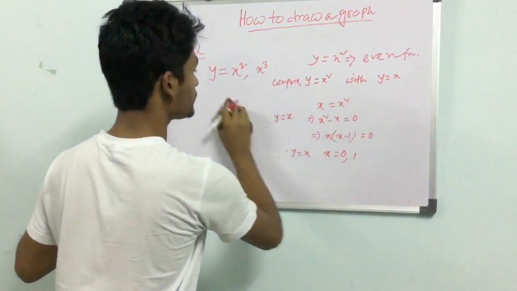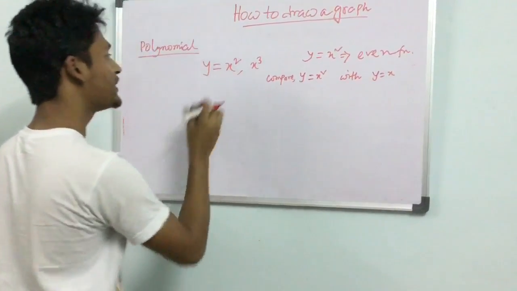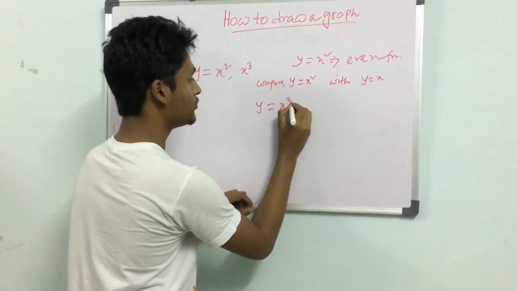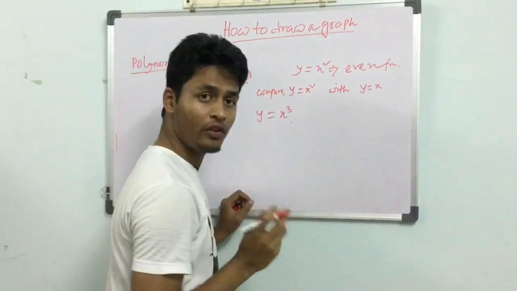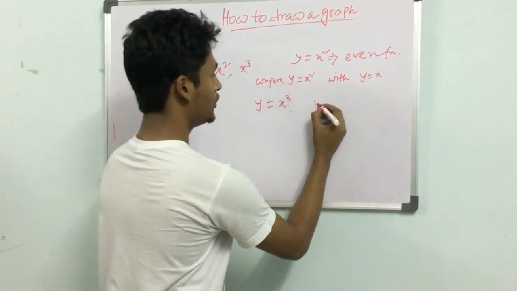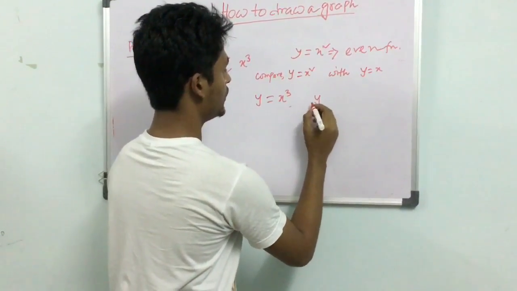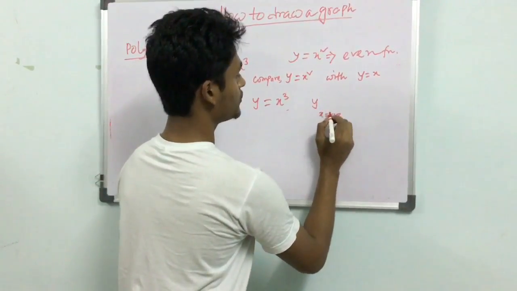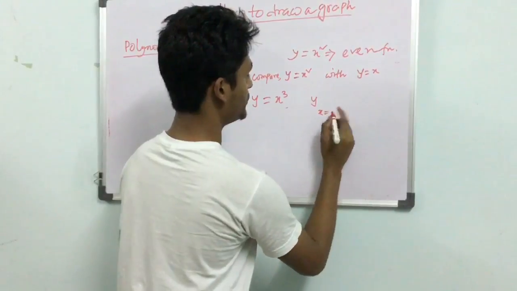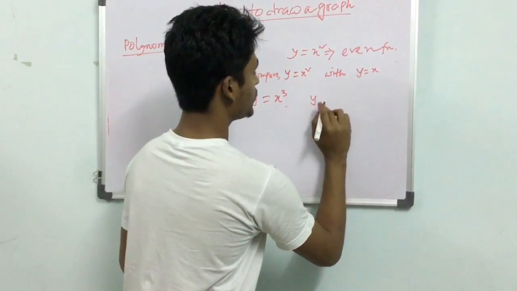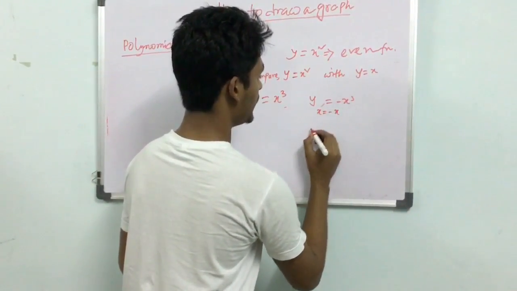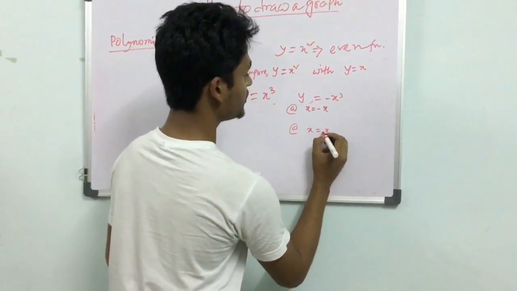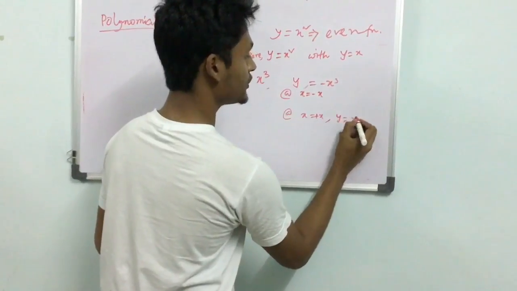Now, if I want to draw x cube, y is equal to x cube. This is an odd function, because if you put x equal to minus x, to be specific, then y is equal to minus x cube, and at x equal to positive x, y is equal to x cube.